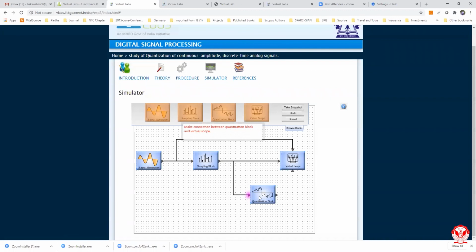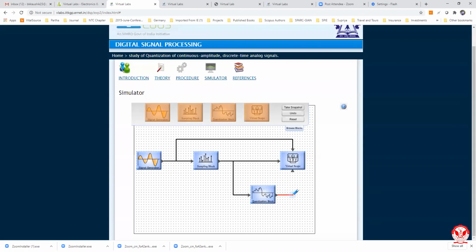Similarly, we have to connect the quantization block and the virtual scope. The output is obtained from here. Once the cursor approaches the arrow type structure, it becomes red. Now we take the signal from here and we click here.